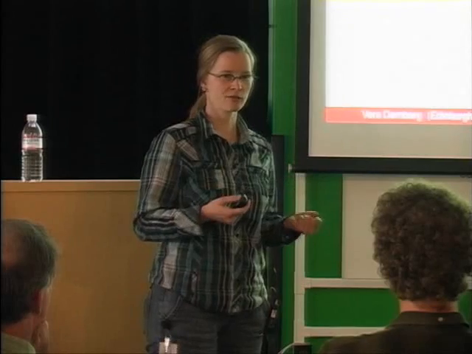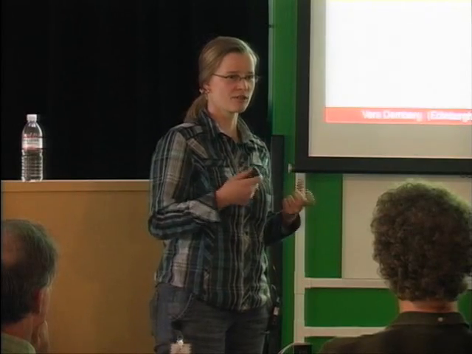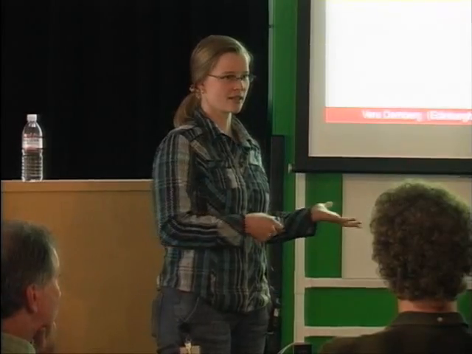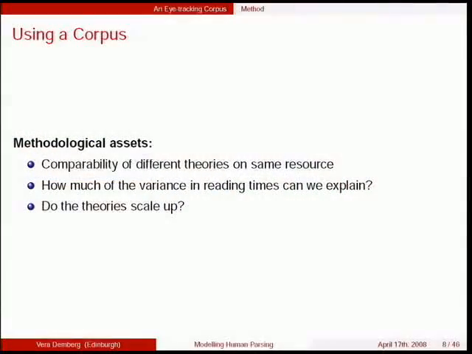You see there's a significant difference, but how much of all the variance that's in the data is that? And that's hard to assess in the experimental paradigm. And we can then assess how well these theories that have been produced based on the experimental paradigm scale up to naturally occurring text.